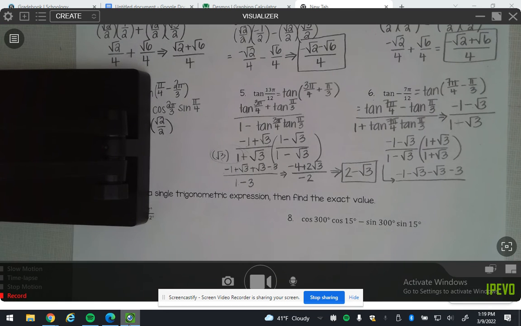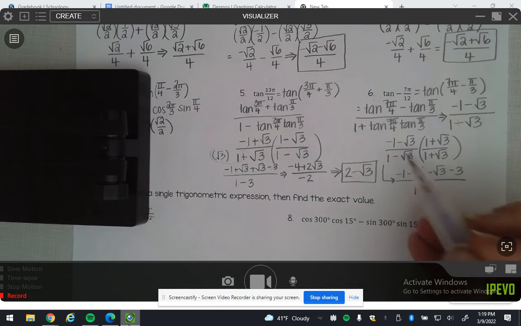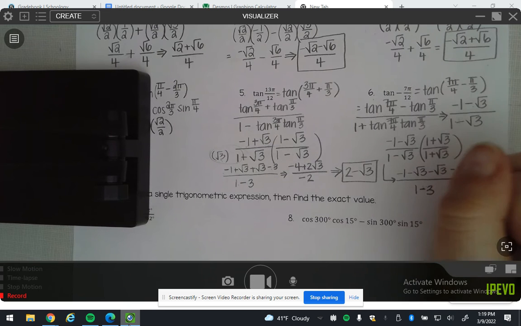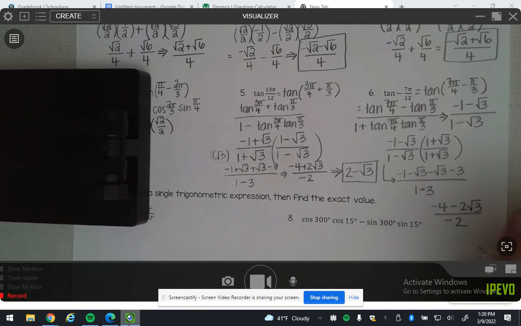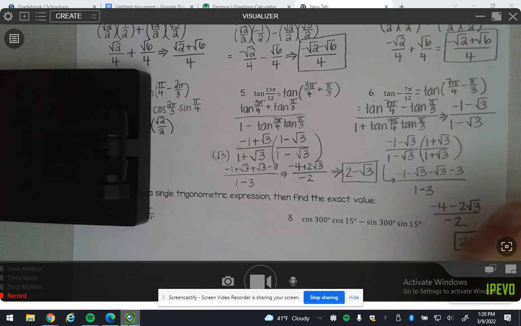First two, last two, always. 1 times 1 is 1. Negative radical 3 times radical 3 is -3. So I have -4 minus 2 radical 3 over -2. And then I do what? 2 plus radical 3.